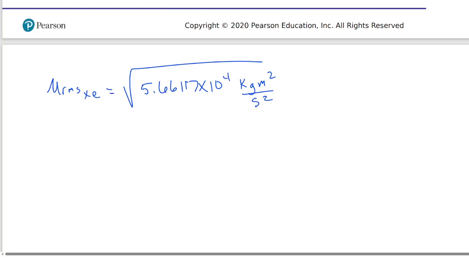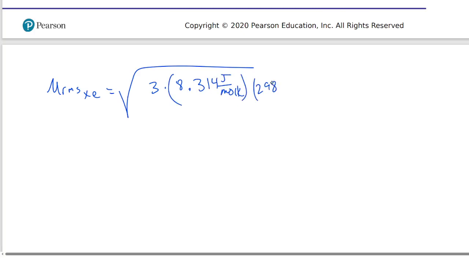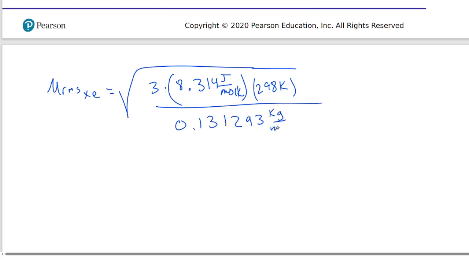Let me rewrite everything in our previous units and the calculation, okay? So we've got the square root of 3 times 8.314 joules per mole Kelvin times 298 Kelvin divided by 0.131293 kilograms per mole.